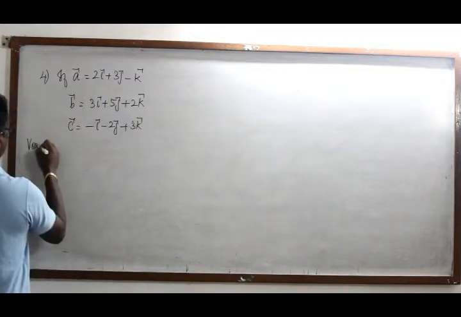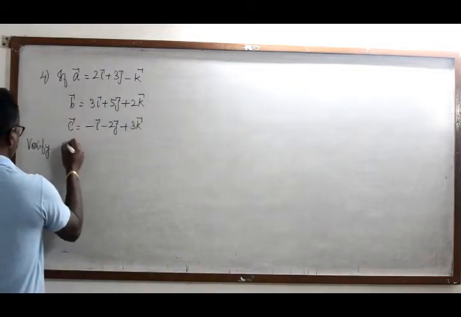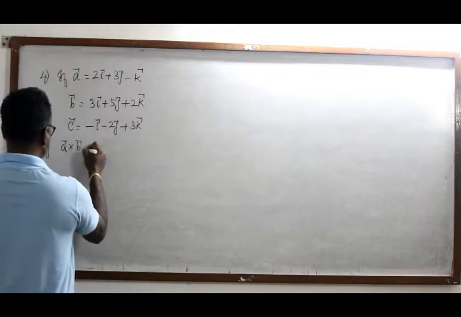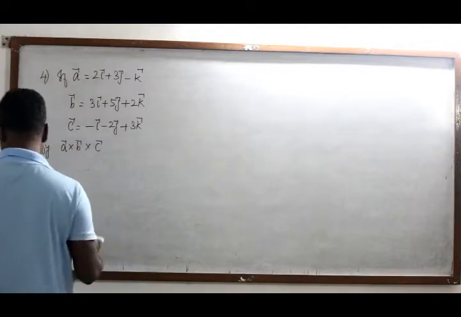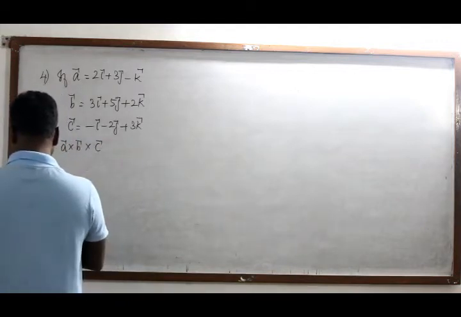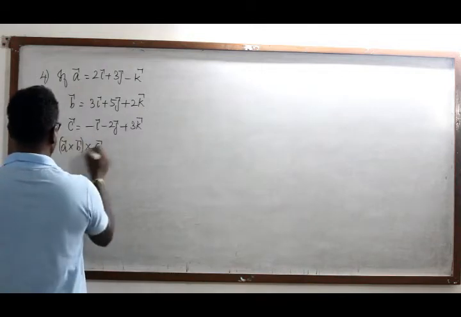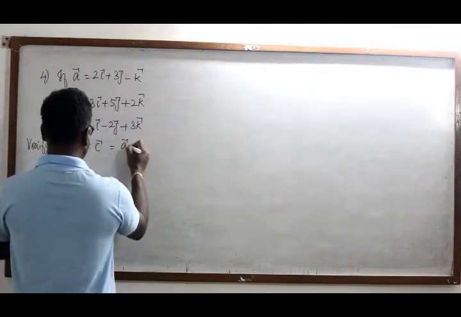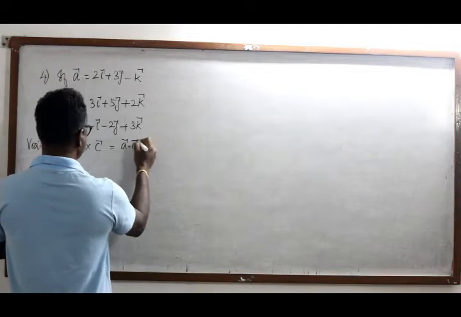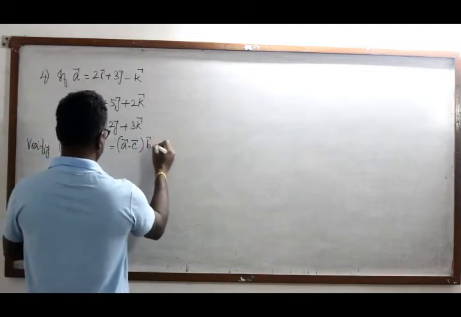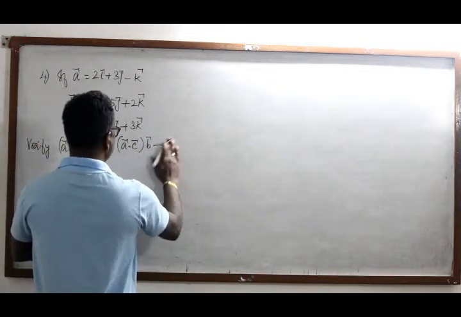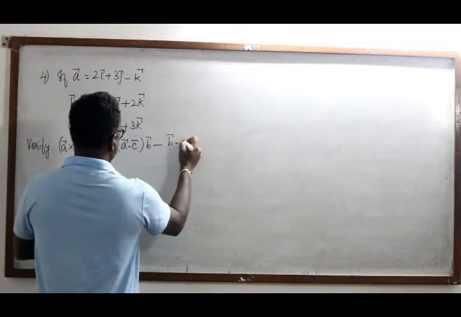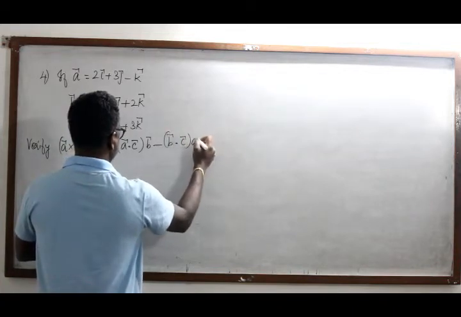Verify A cross B cross C equal to A dot C into B minus B dot C into A.